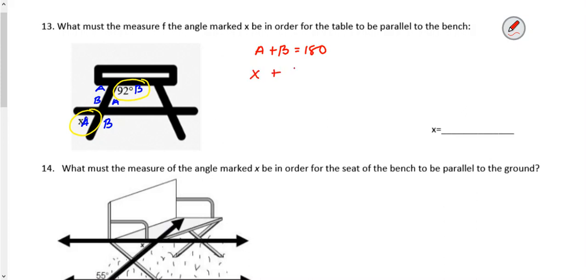So X plus 92 equals 180. Subtract 92. We get X to equal 88, and that's it. That's all we had to find was X.